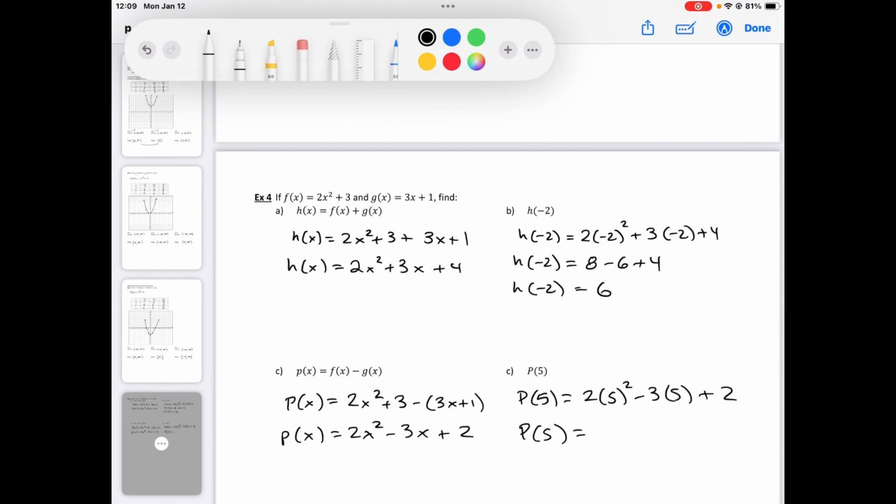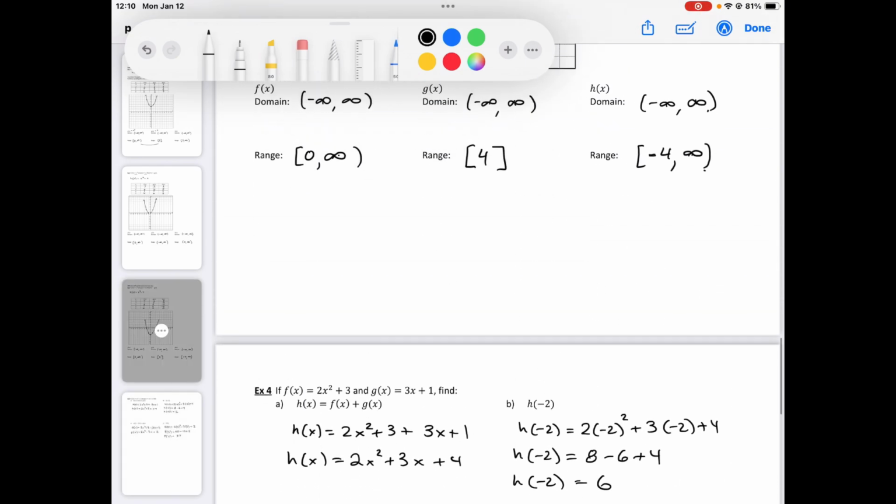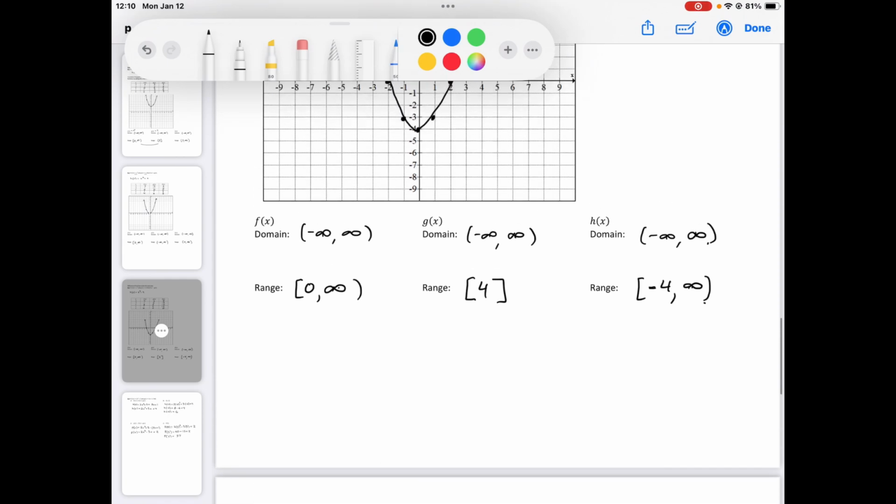And then I've got 5 squared is 25, so this is 50 minus 15 plus 2, which is going to be 37, which is how I can evaluate the composition of those functions.